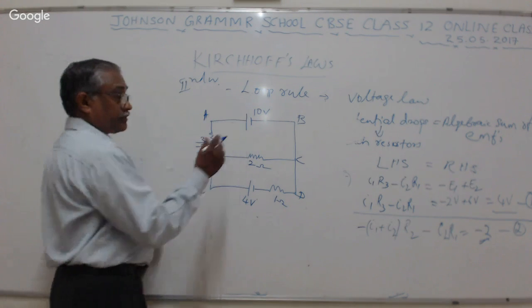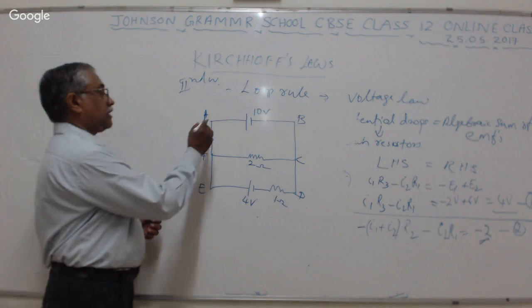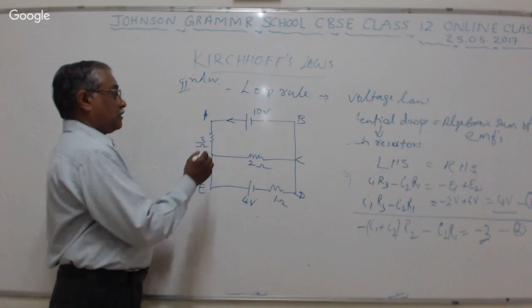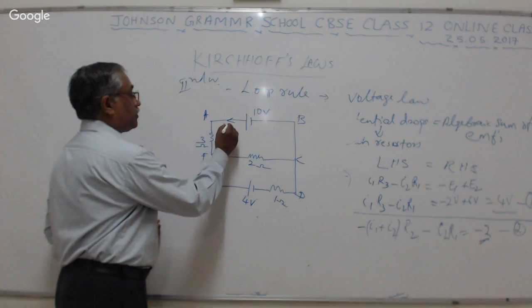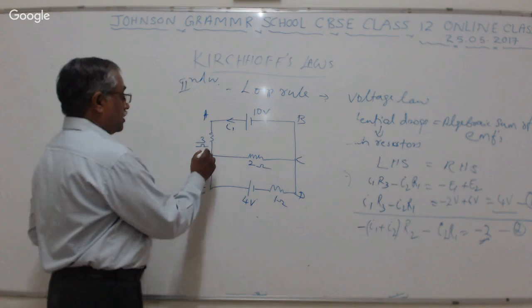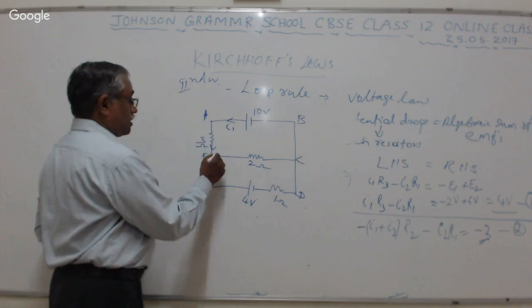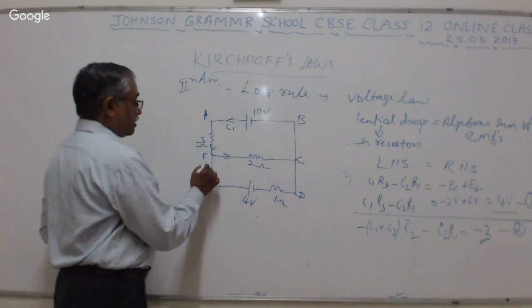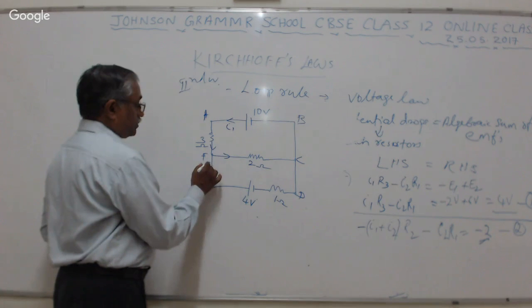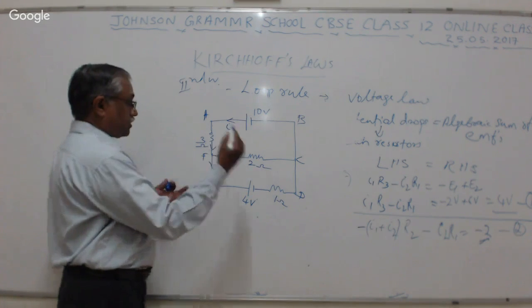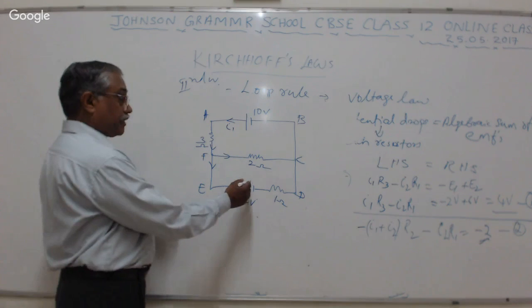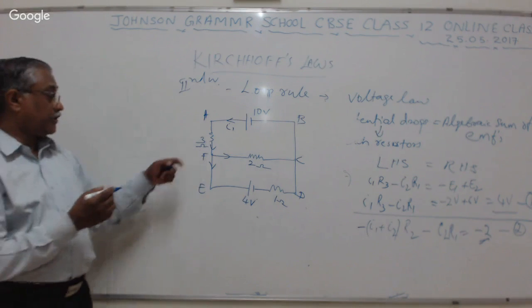Now we can take the direction of current. Suppose I1 amount of current is coming here and going this way. Or you can take the current coming from the 4 volt cell and going away.